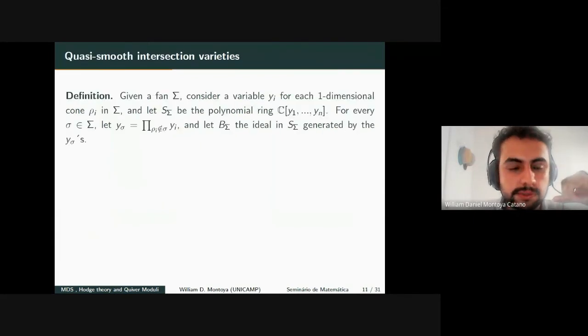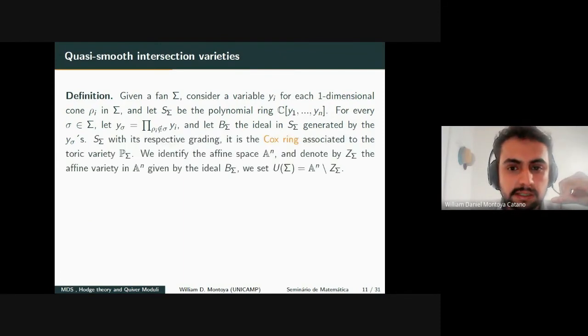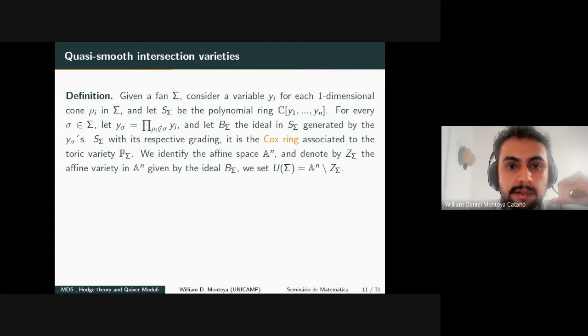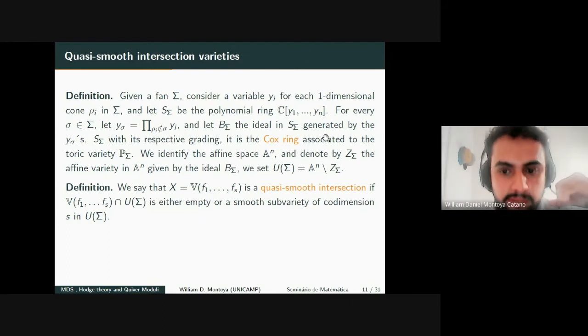And this is also a way to construct the unstable locus, having this fan, this numerical setting. There is a way to construct the unstable locus coming from the irrelevant ideal, which, for matters of time, I'm not going to enter into in too much detail. But what is important here is what a quasi-smooth intersection variety in a toric variety is. Somehow this is like being a complete intersection in a projective space.